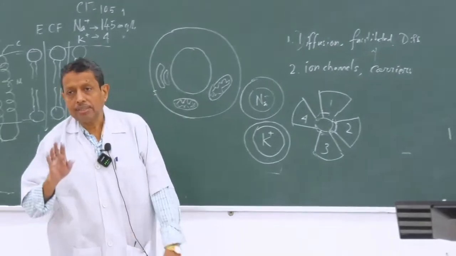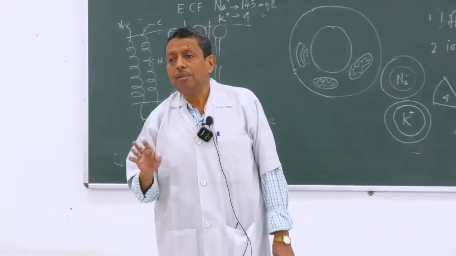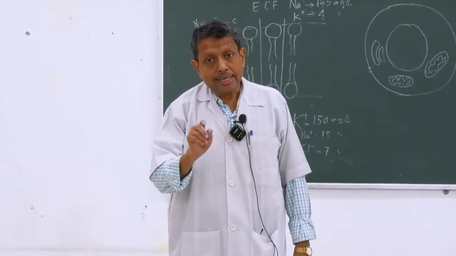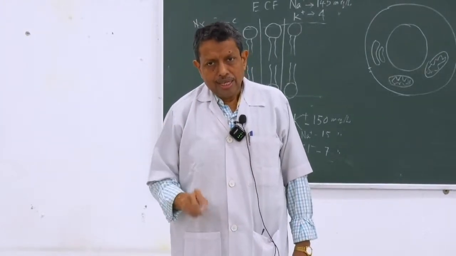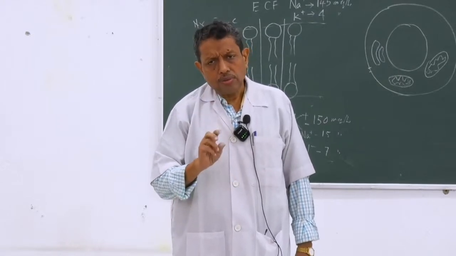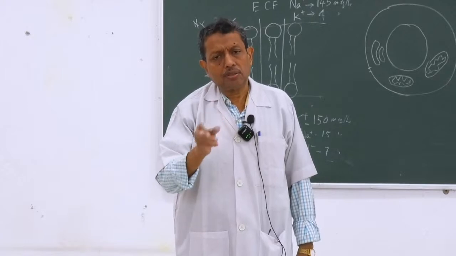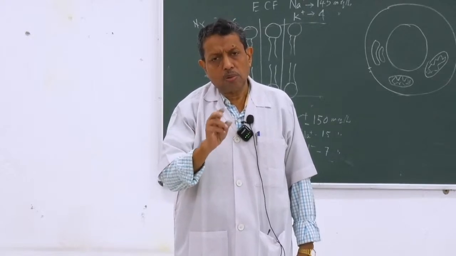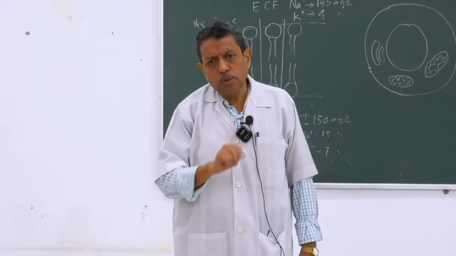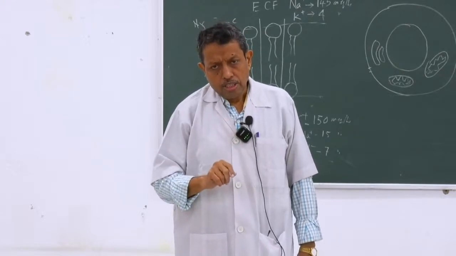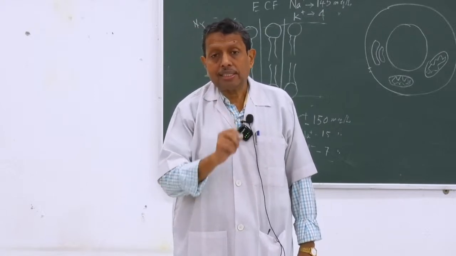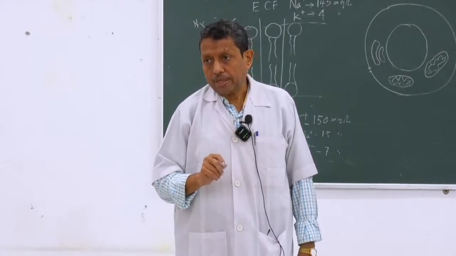Some of the ion channels are relatively non-specific. They are leak channels. They can allow any ions according to their hydration and atomic or molecular weight, and there is simple diffusion in this case. But some are gated channels, and they are particular.